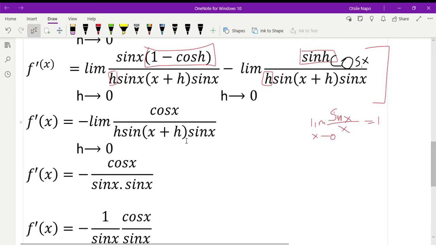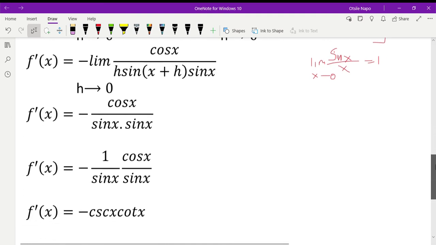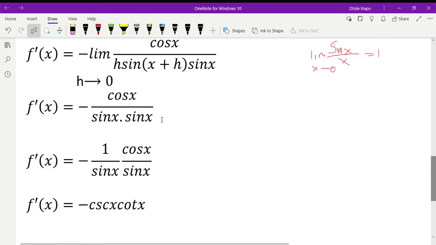Therefore we are going to substitute 0 in the place of h. Therefore we are going to have cos divided by sine multiplied by sine, which can be sine squared, but in this case we are not interested in it being sine squared.